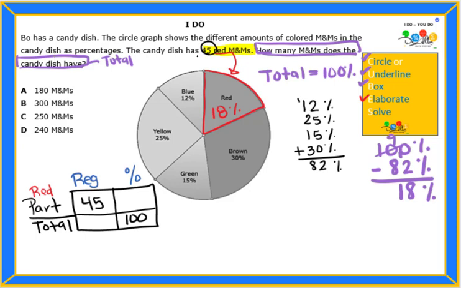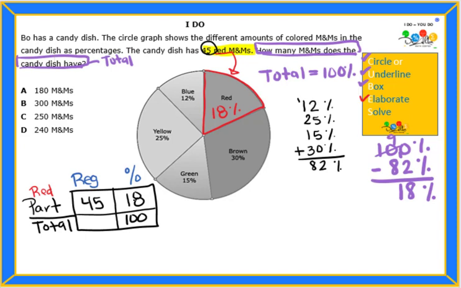There are 45 red M&Ms. But percentage-wise, we found out that 18% of the M&Ms are red. So the percentage that represents red is 18%, which is equivalent to 45 red M&Ms.